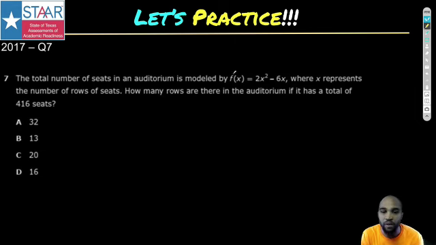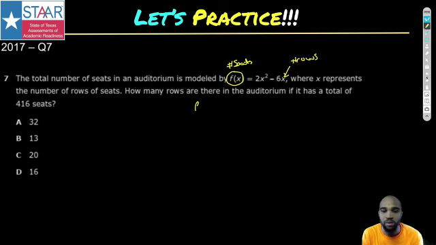So f of x is going to represent our number of seats. So you need to remember how to set that up. What is representing what? And this is our number of rows. So we can say f of x, which is the same as y, is equal to, actually they already wrote that, I'm not going to write that again.